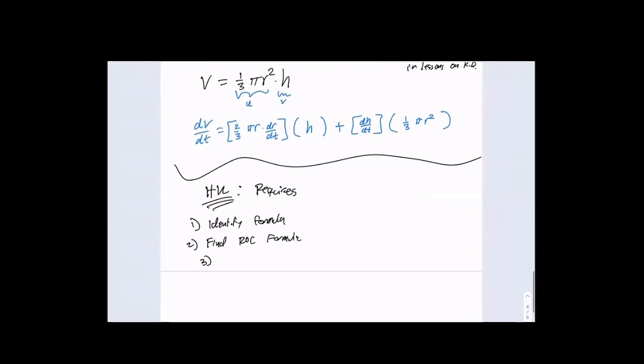And then 3, plug in and solve for the rate in question.